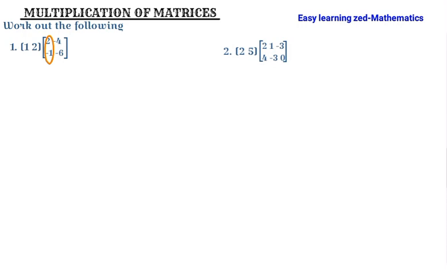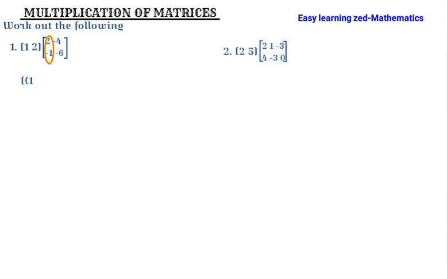I'm going to multiply the 1 in the first matrix by 2, the one which is on top. So it's the first element in the first matrix multiplied by the element which is on top in the first column of the second matrix.